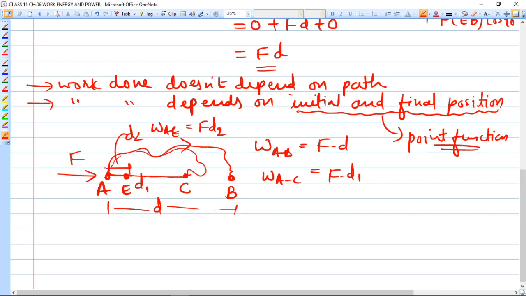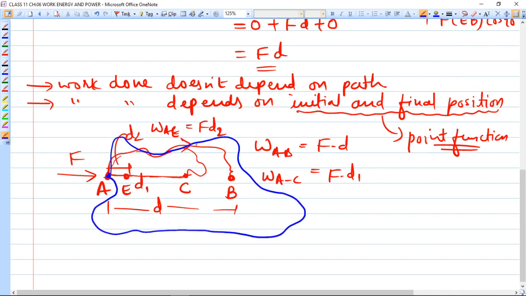And what if I do like this? See, I am drawing some path. You are moving an object from A via some path, and then again to A. So what you can say here, this is a closed path.